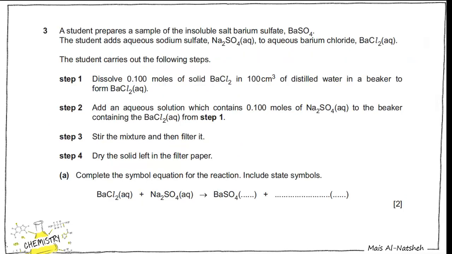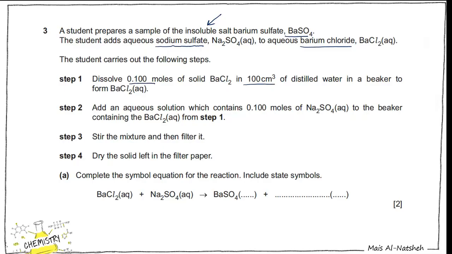A student prepares a sample of insoluble barium sulfate, BaSO4. The student adds aqueous sodium sulfate, Na2SO4, to aqueous barium chloride, BaCl2. The student carries out the following steps. Step 1. Dissolve 0.1 moles of barium chloride in 100 cm³ of distilled water in a beaker to form barium chloride solution.